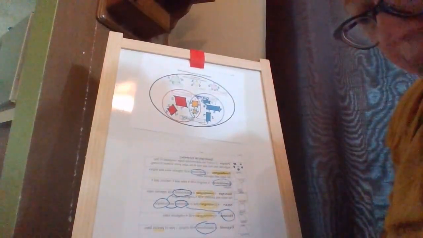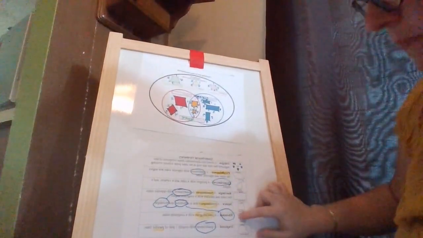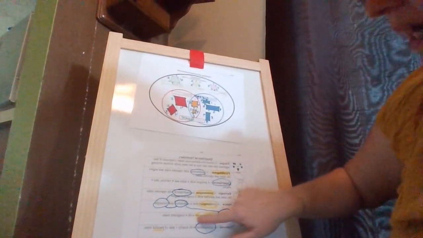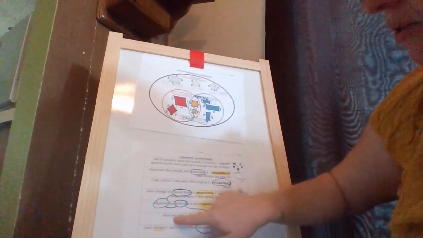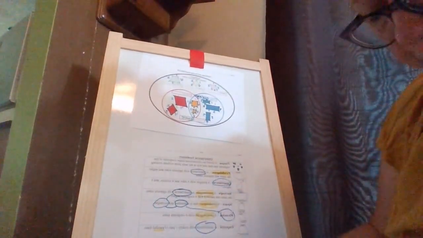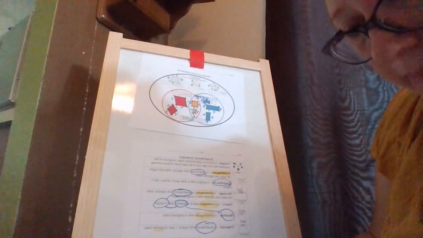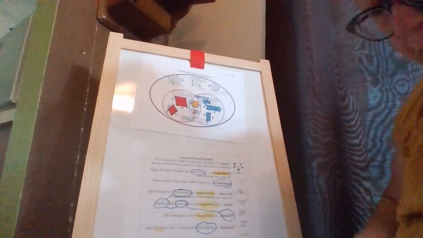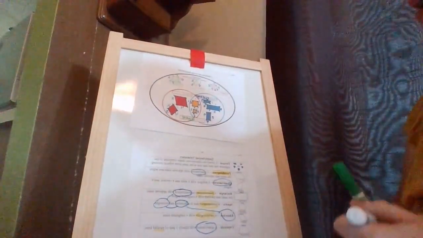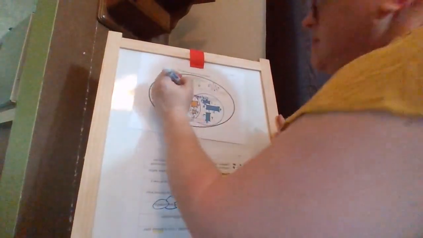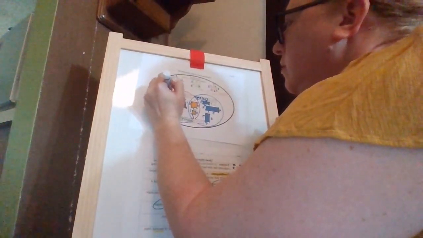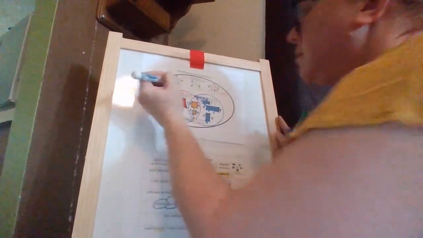So if we look back at our vocabulary, we see that a rhombus is a parallelogram with four congruent sides. So let's label this one rhombus. RHOMBUS. Okay.